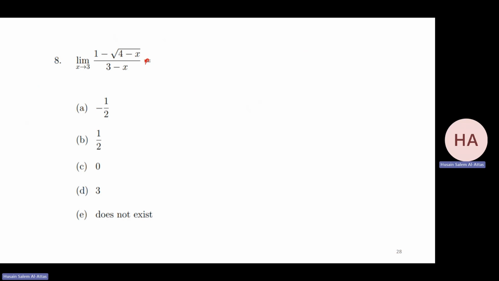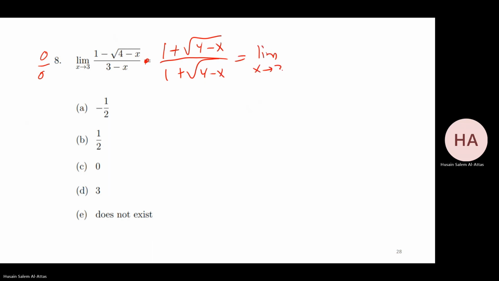Same idea. If you substitute, you'll get 1 minus 1, 0 over 0. So rationalize. But you will get 1 minus 4 minus x.